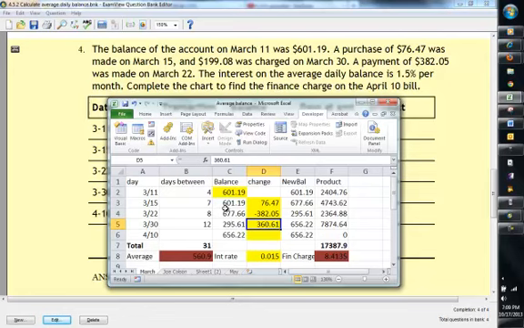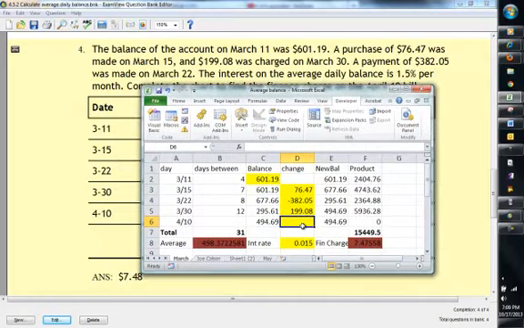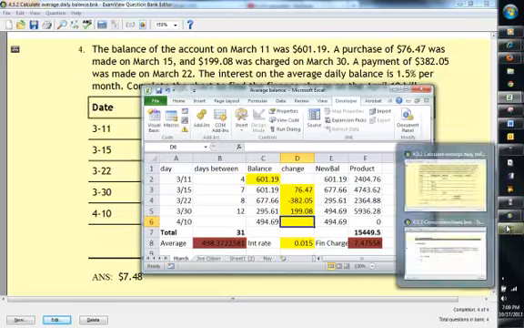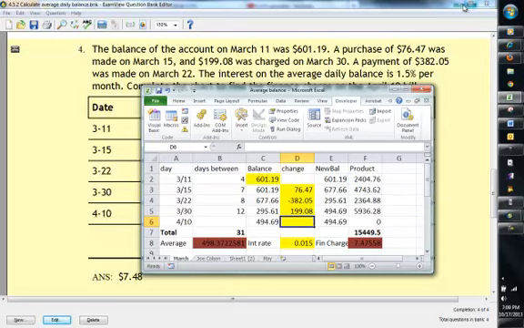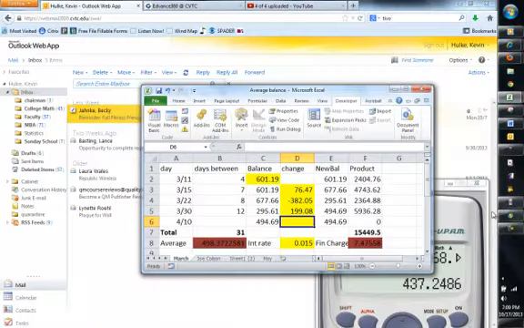Let's see, on the 30th, there was a charge of $199.08. So we just want to know the finance charge, which is $7.48.